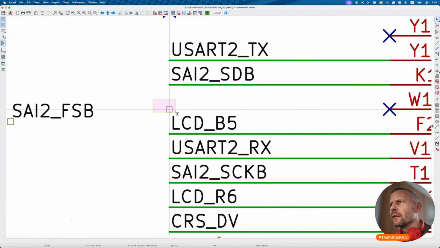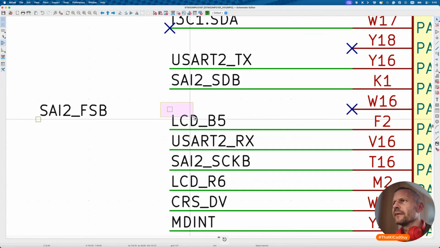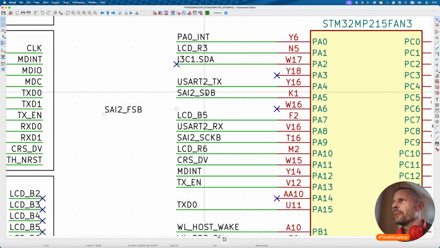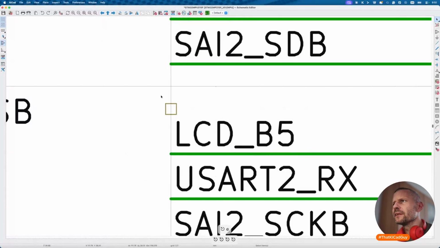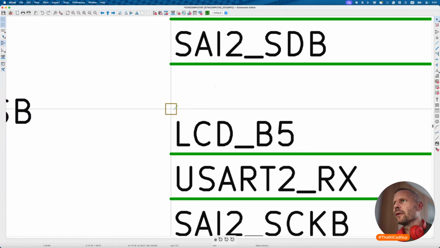Wait. There is something. Here is something. Yeah. Maybe a line connecting all the paths. What's this? It's a label.